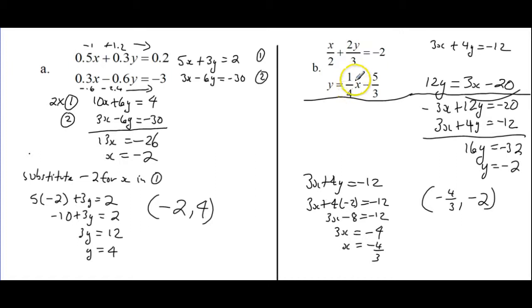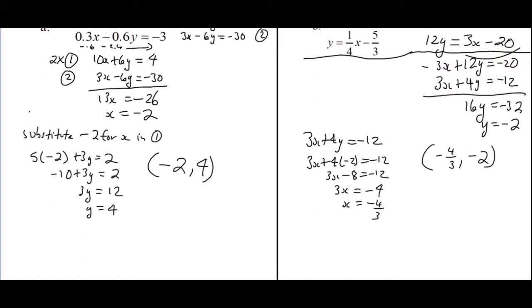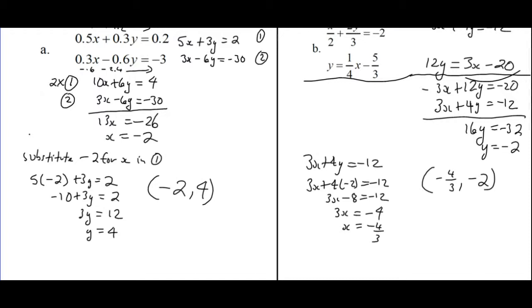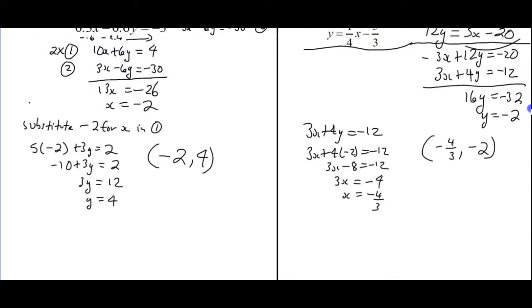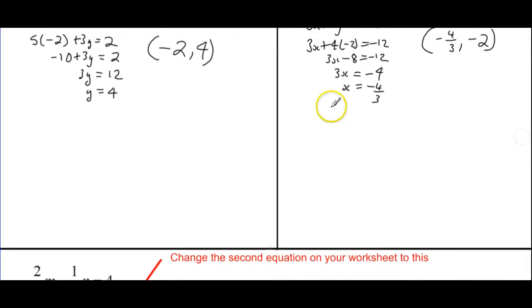Okay, let's try that out. I'll be a little more formal in checking this. So let's move down here. I've got y. Left side is y. Right side is 1/4 x minus 5/3.